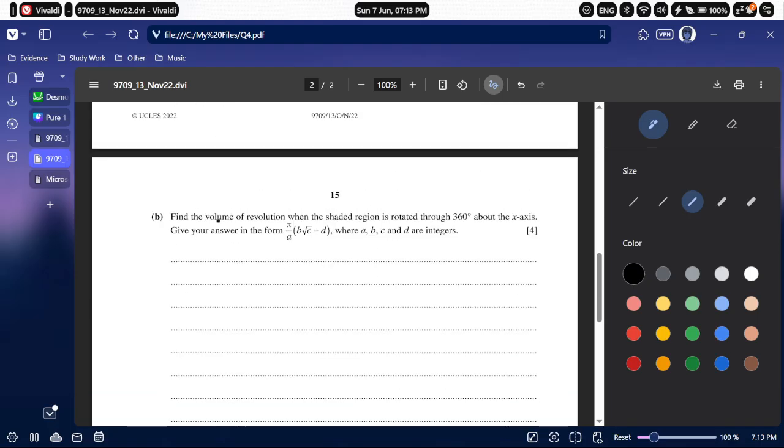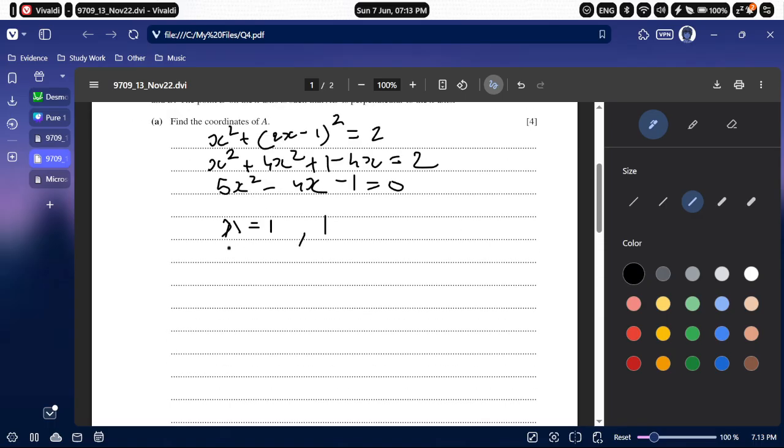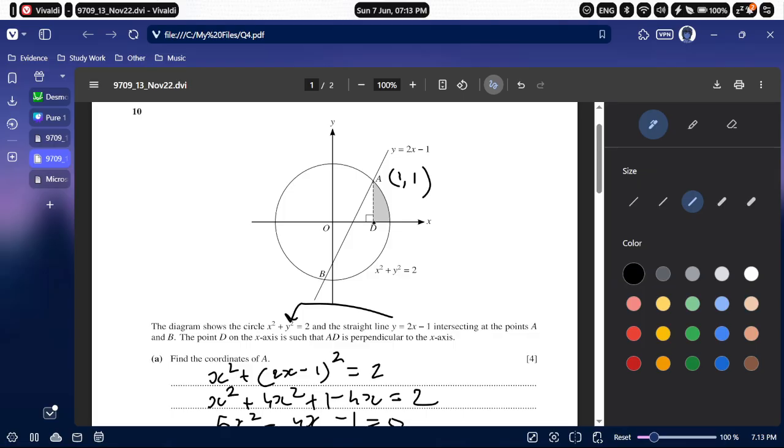Moving on, find the volume of revolution when the shaded region is rotated through 360 degrees about the x-axis. Give your answer in this form. So again, this is pretty simple. Because you're rotating it about the x-axis, your radius would be y.